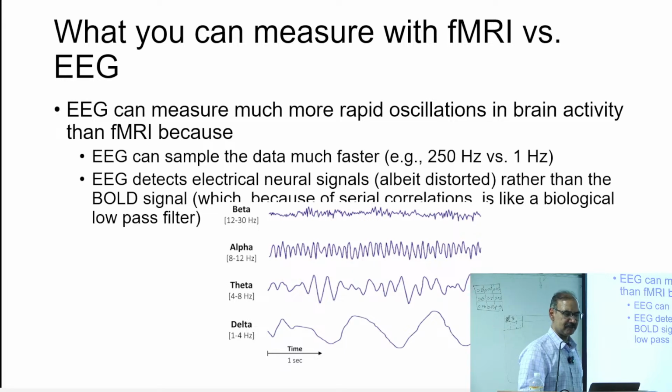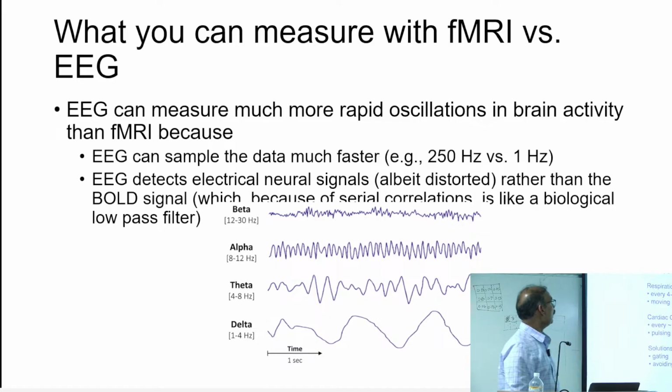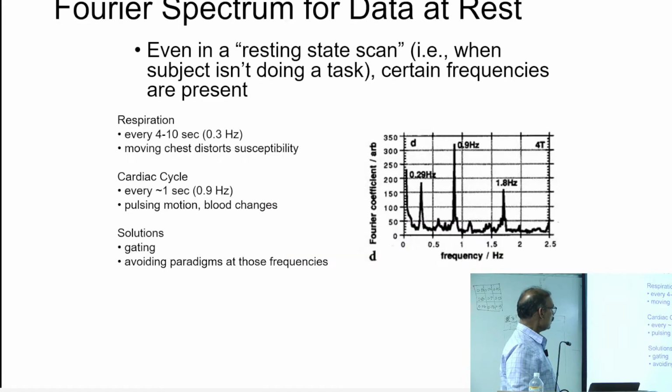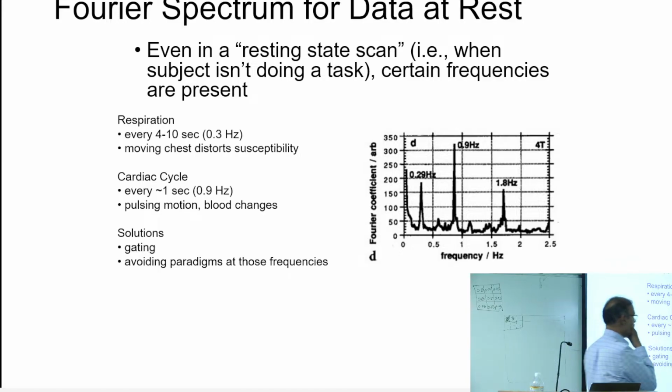Again, these are the reasons why we cannot collect fMRI at those rates. For the resting state data, you have the low frequency, heart rate, harmonics of the heart rate, and respiration.